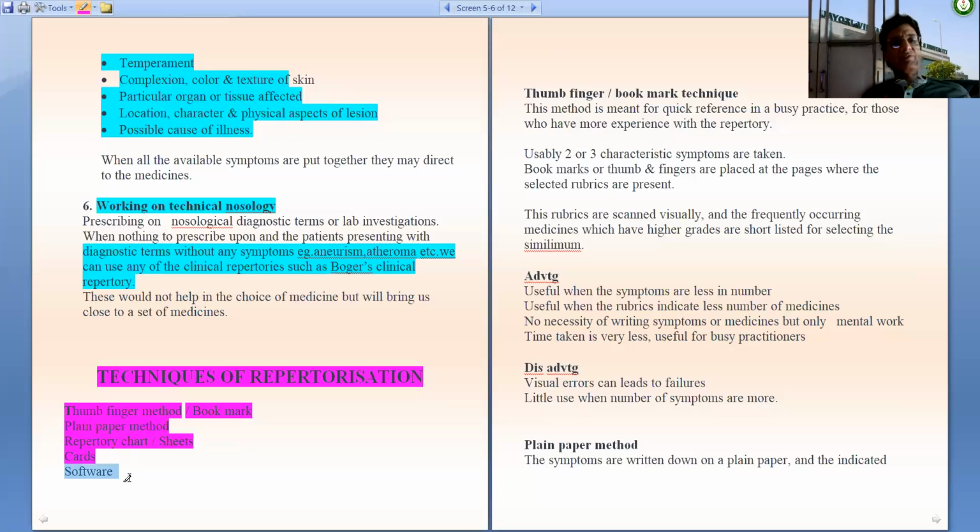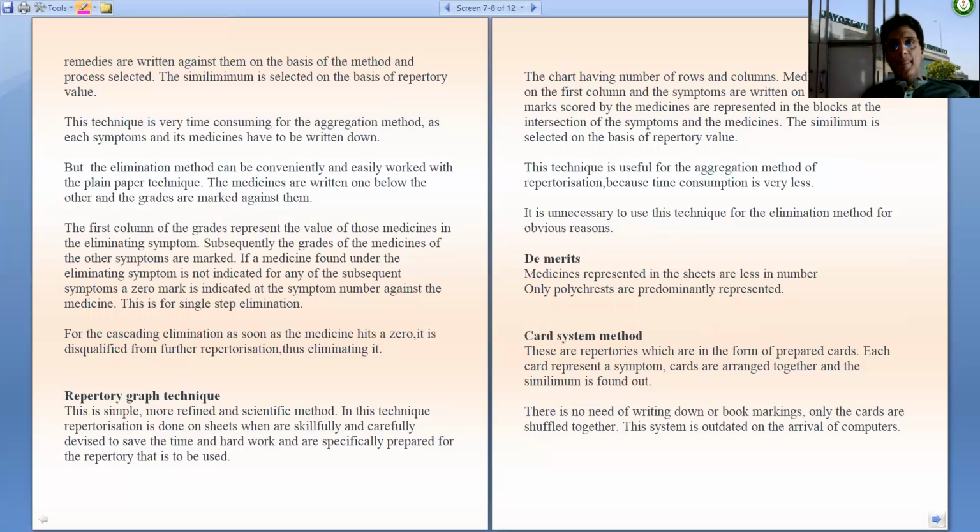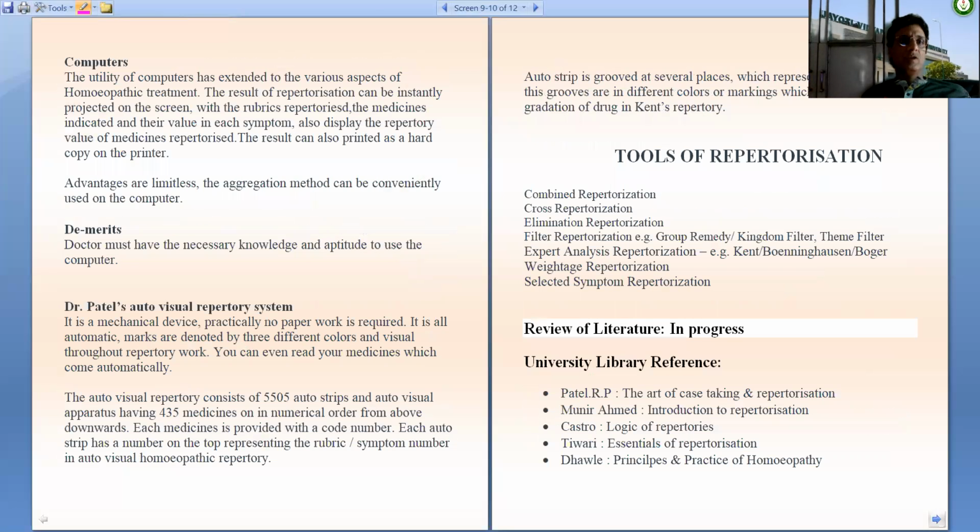Then there are software repertories, which are most commonly used nowadays. It is very much time saving. There no paperwork is required. So this computer repertory has extended to the various aspects of homeopathic treatment. The result of repertorization can be instantly projected on the screen with the rubrics repertorized, and the indicated medicines with their value in each symptom are displayed.